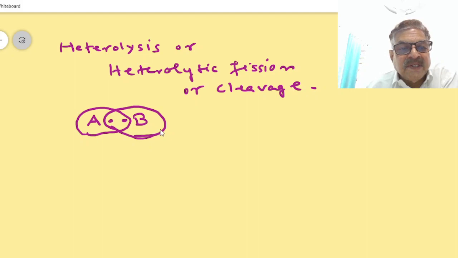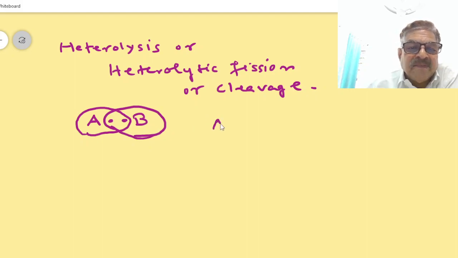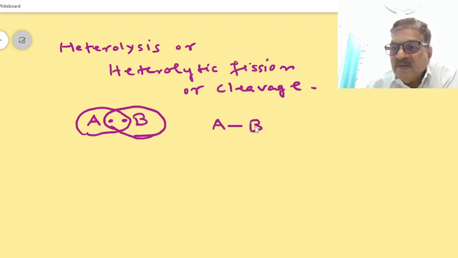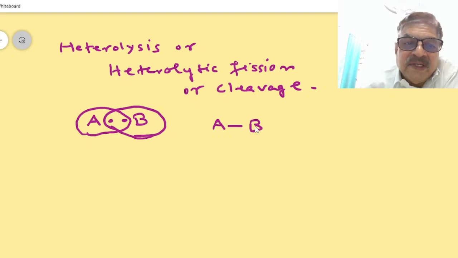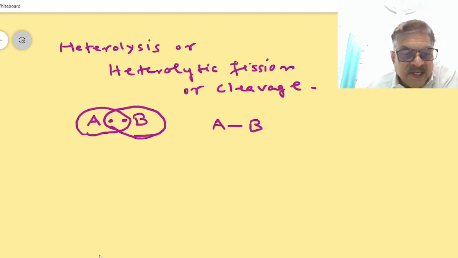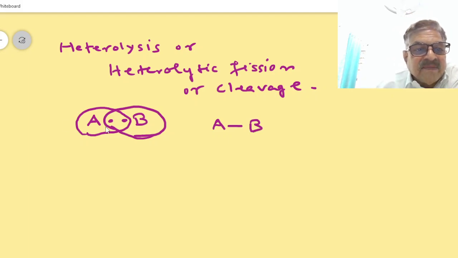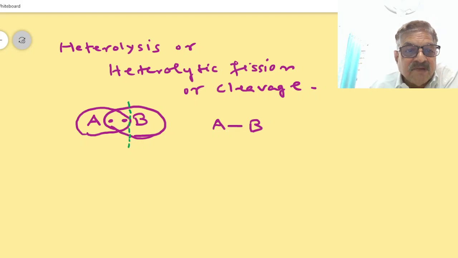The bond is formed here, A-B. Unequal sharing means the electron is divided unequally. Either it can divide like this from here. This is one possibility, and another possibility will be the other way.